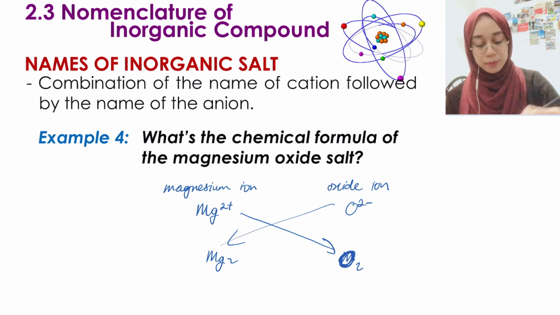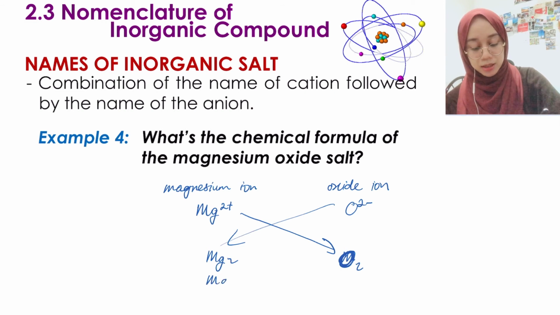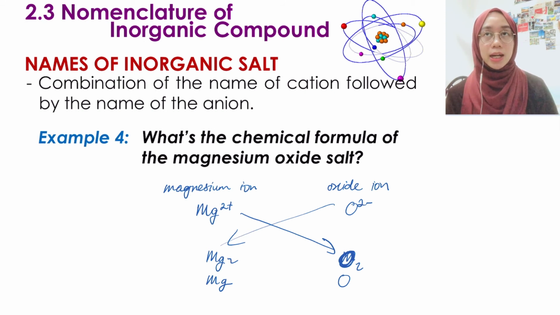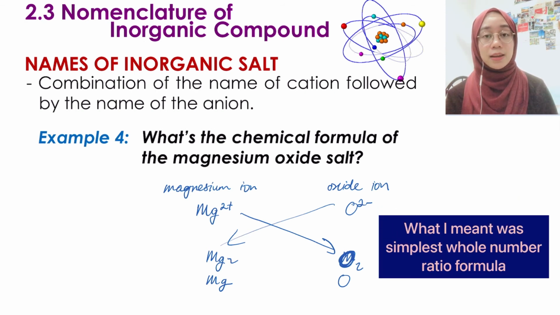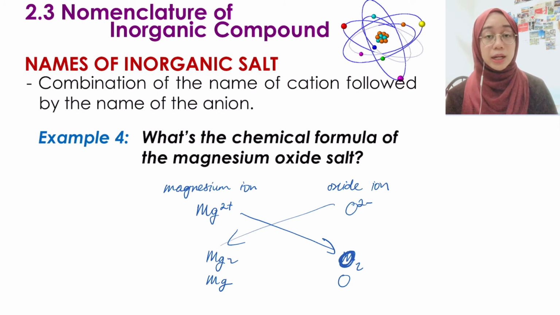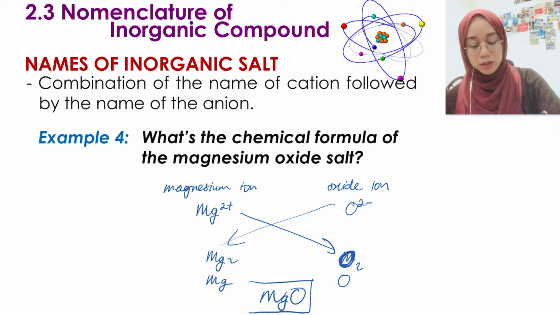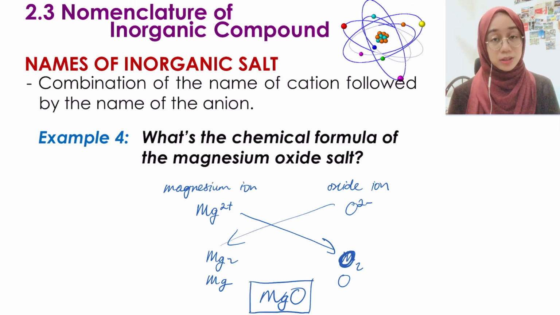So bila kita boleh simplifykan lagi, bermaksud sebenarnya ini cuma Mg, ini cuma O sahaja. Okay, kalau kita buat chemical formula ni, kita akan try to give the simplest formula as possible. Okay, therefore untuk magnesium oxide ni, bila kita nak cari dia punya chemical formula, it is actually MgO. Okay, so ini chemical formula untuk magnesium oxide.